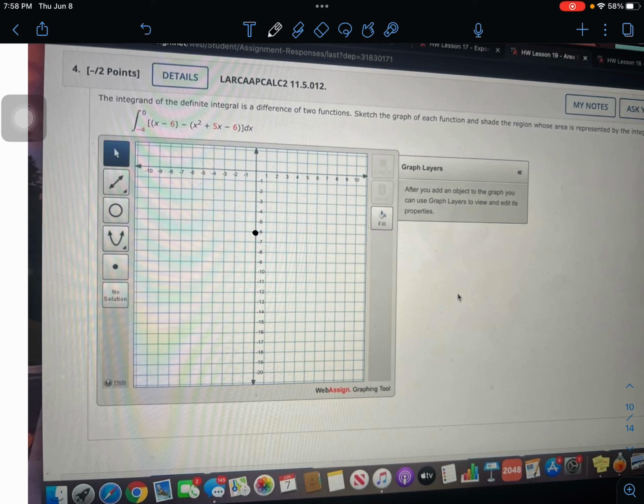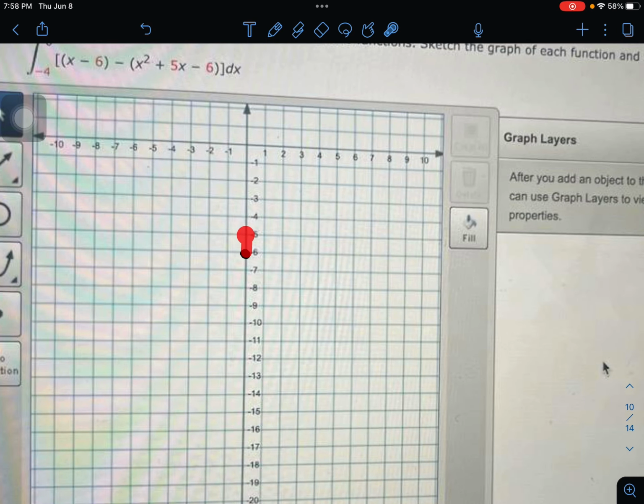So it's going to be a slope of 1. Which means to get my other points, I'm going to go up 1, right 1. So there's going to be a point right here. Because that's what you do with a slope of 1. You go up 1, right 1. Up 1, right 1. Or you could go down 1, left 1. But that's going to be the graph of x minus 6.